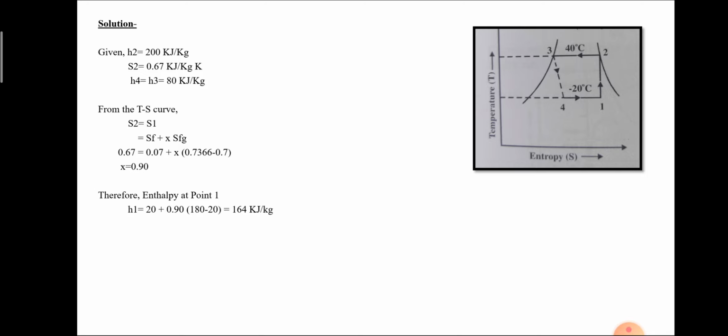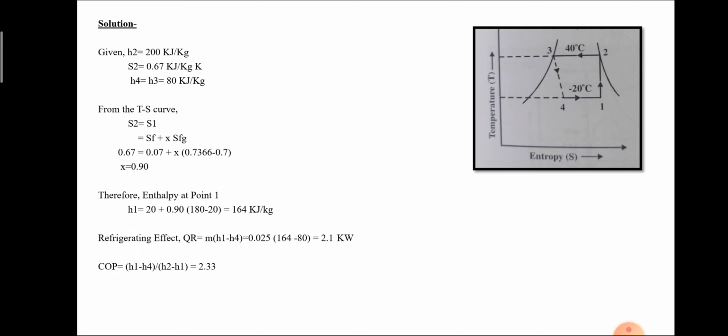Now you can calculate your required values. The refrigerating effect QR for process 4 to 1 will be H1 minus H4. If you need this in kilowatt or watt, you have to multiply this by your mass flow rate. So we will have a value of 2.1 kilowatt, and for COP, H1 minus H4 divided by H2 minus H1.